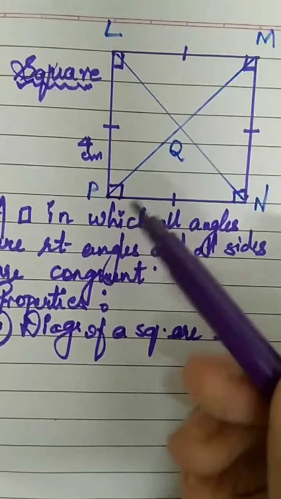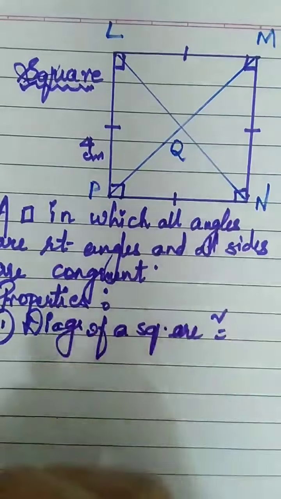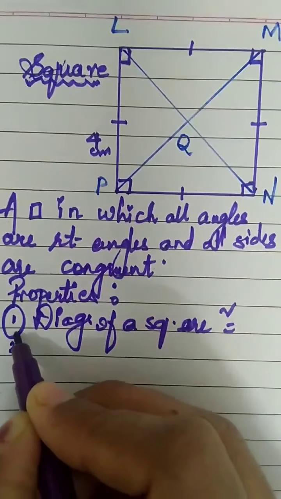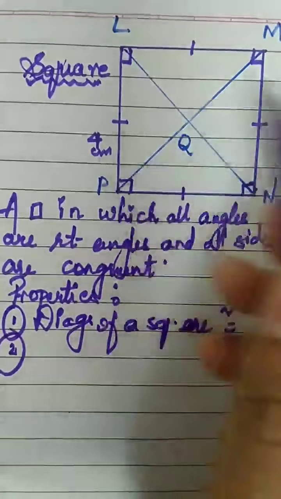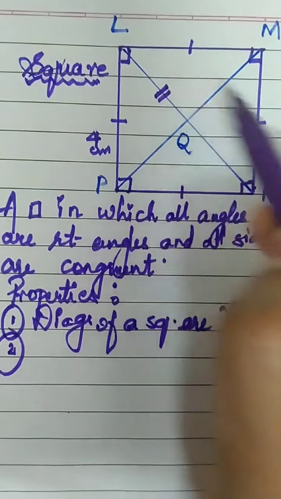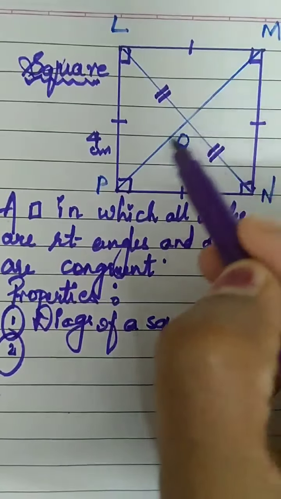Diagonals are congruent. Now let me measure from L to Q and Q to N. You draw a square and measure and see. You will see that the diagonals are bisecting each other. That means this part is equal to this part, and this part is equal to the other part.